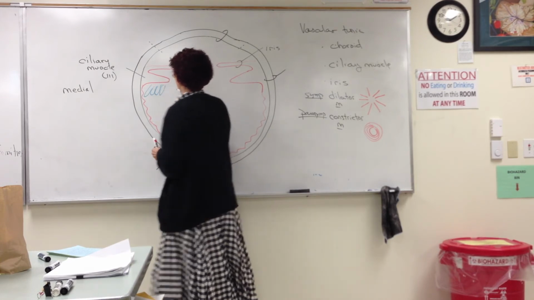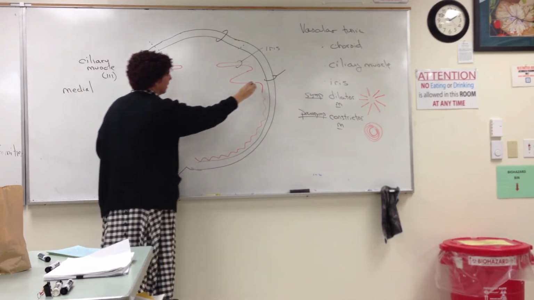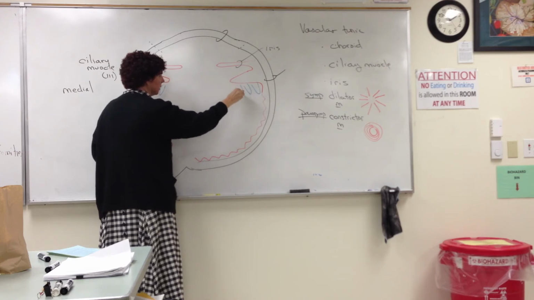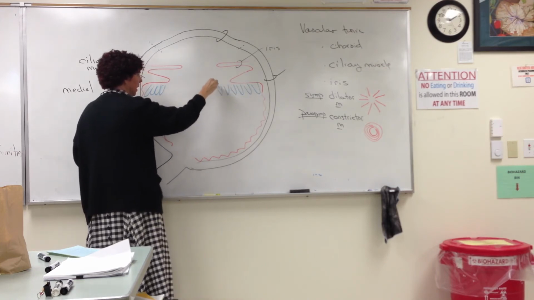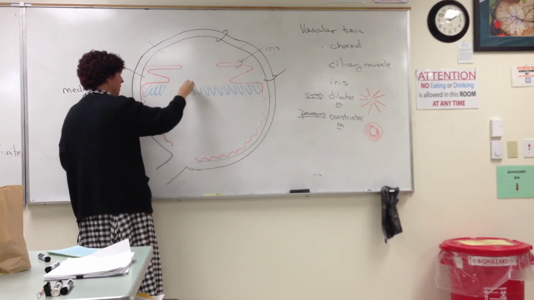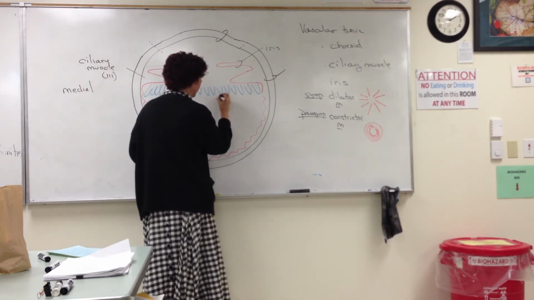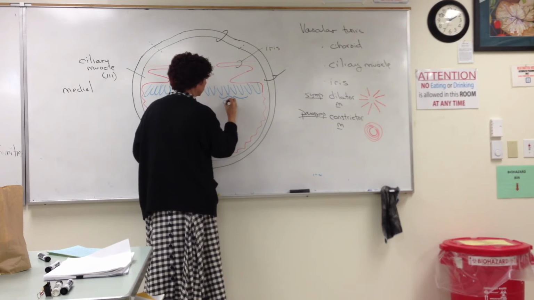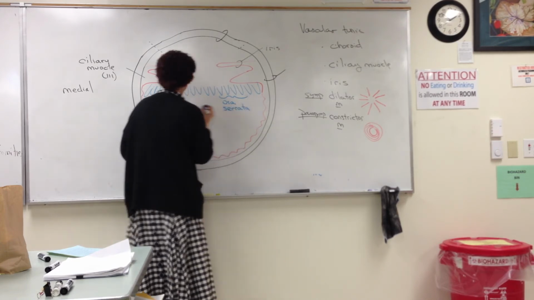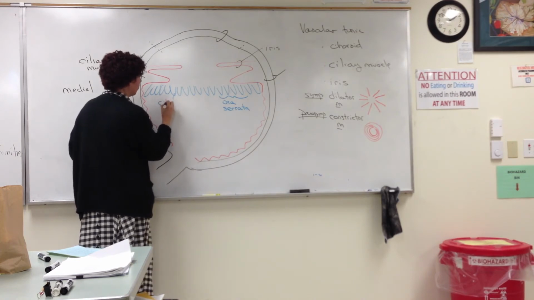And they're long column-like structures that extend from the ciliary muscle. And the edge of them, this pattern, is known as the ora serrata. But each structure is a ciliary process.